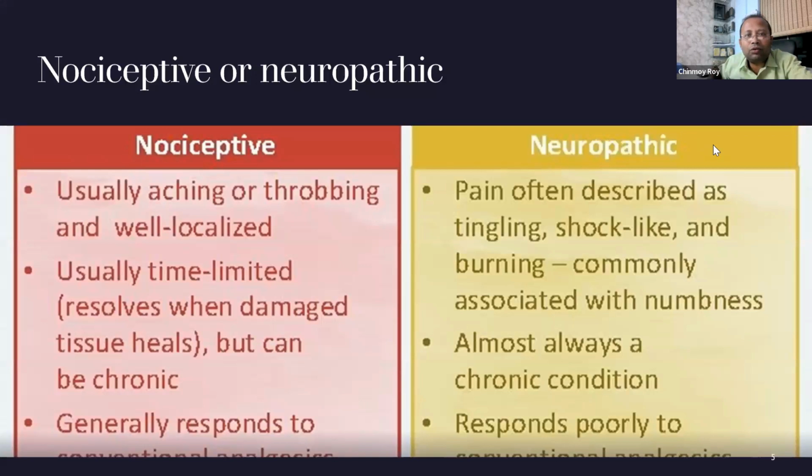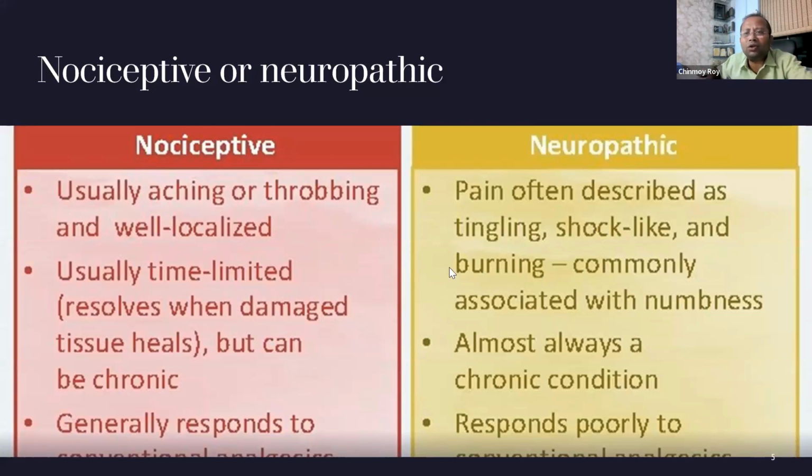So here, as I told you, when a patient comes, we should first distinguish whether it is nociceptive or neuropathic pain. These are the differences you already know. Neuropathic pain is shock-like, tingling, burning, this type of pain. Okay, and nociceptive pain is well localized. It is coming from a structure, either from a joint or from a tendon.